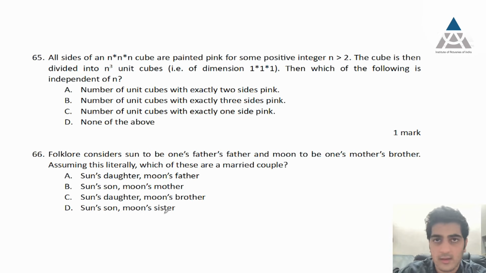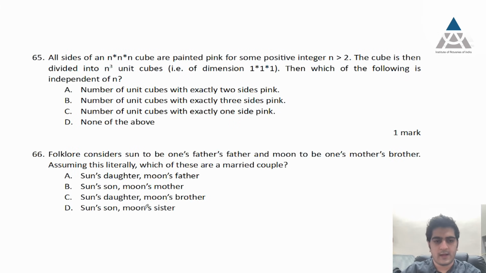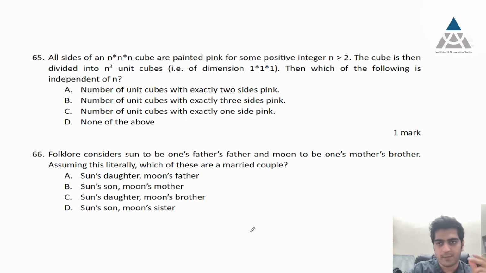Let's do the last option, sun's son. So sun's son is this guy, and moon's sister is this one, mother. So they are definitely a married couple, and the answer is obviously option D. Correct? So again, no need to overthink a lot. Just create this chart, try and work out the options, and you will get your correct answer.